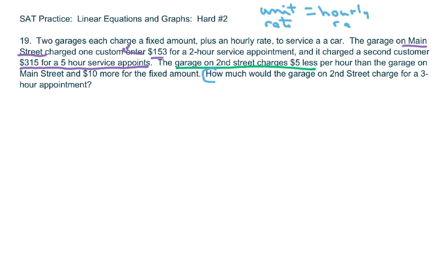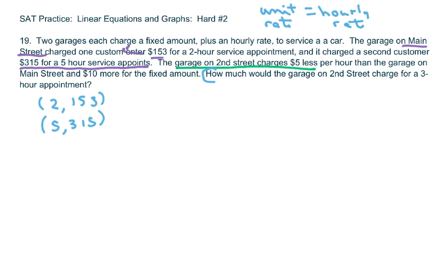All right, so basically we've got 2 points. For 5 hours, it's $315. Let's do the first one. For 2 hours, my output is $153. And for 5 hours, it's $315.